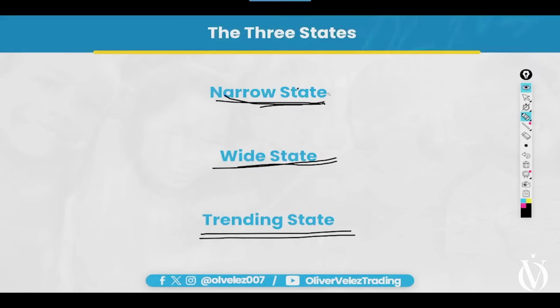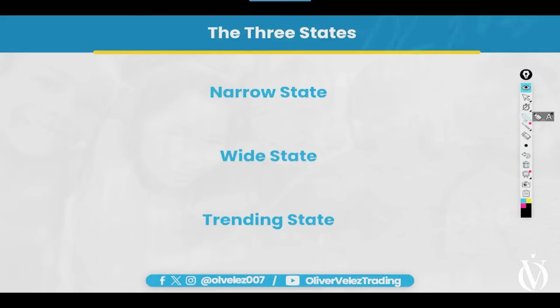And so every market in the world, I don't care if it's the stock market, the crypto market, the options market, the bond market, the futures market, the Forex market, a market for trading your mother-in-laws, or a market for trading pet rocks, every market in existence trades between these three states.